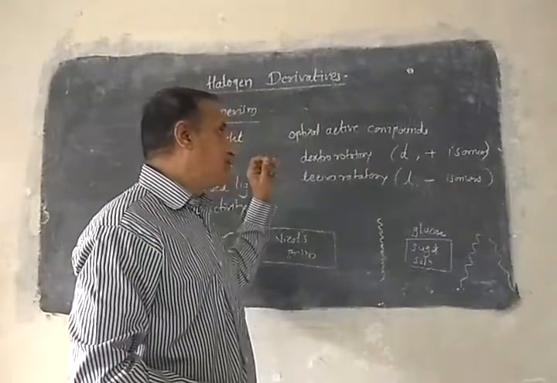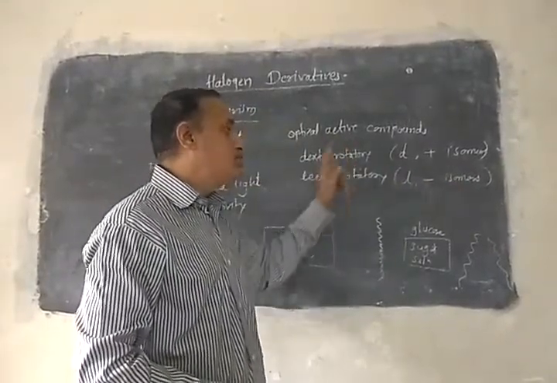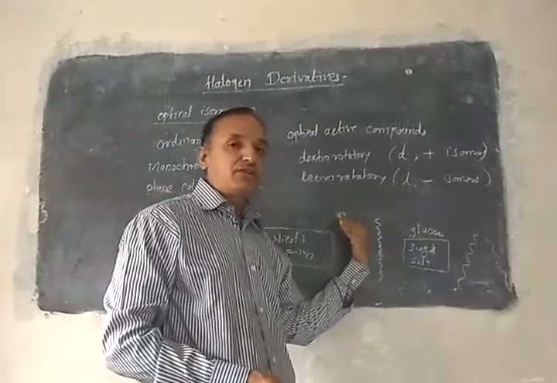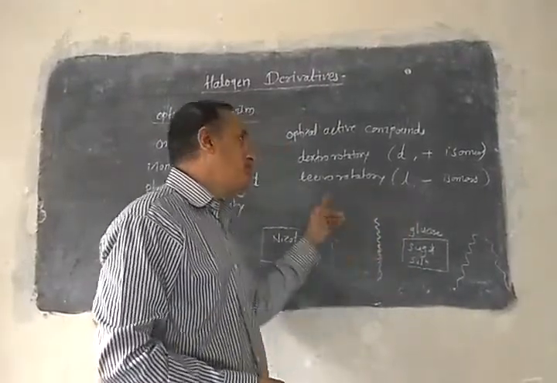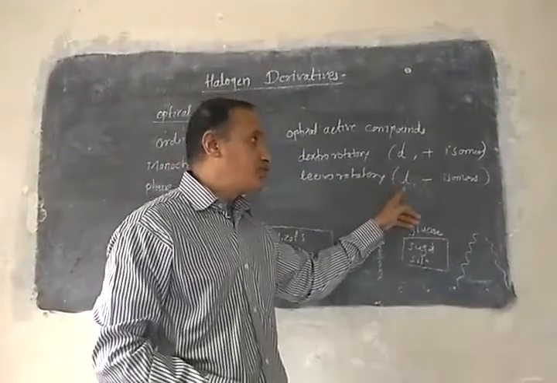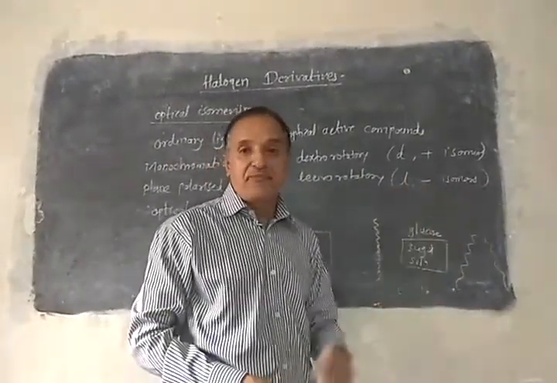And the optically active compounds which rotate the plane polarized light to the left direction or anti-clockwise direction are called levorotatory, also called L isomer or minus isomer.